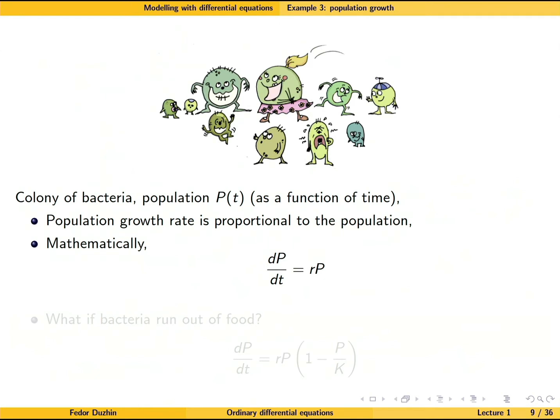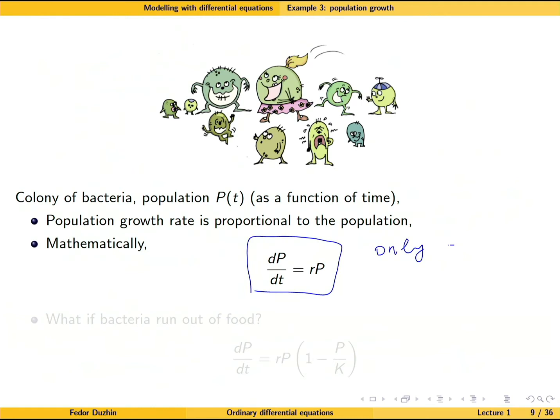Otherwise, they would just increase faster and faster, and then eat up everything in the world, and then they would have to eat everything in space, and so on. So this law is true only when resources are plenty.